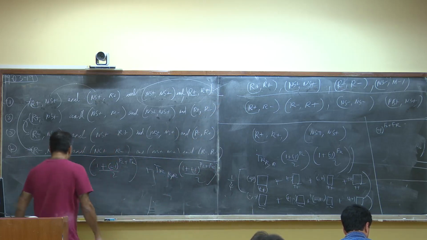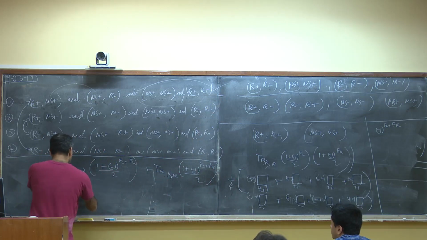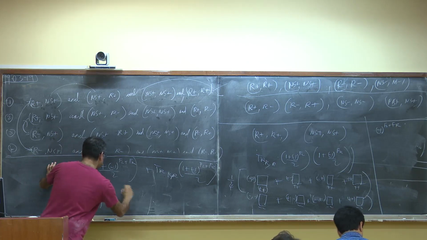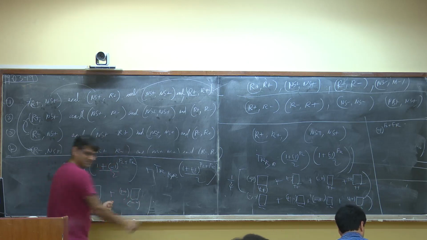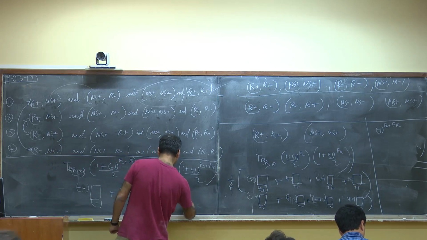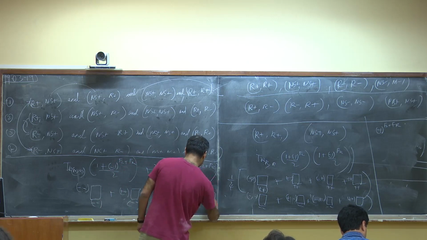Okay, but now this is simply minus minus in NSNS, so that's minus minus plus plus plus into minus minus, plus minus minus into plus plus, plus plus plus into plus plus.